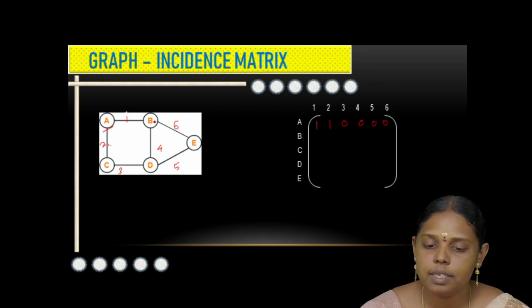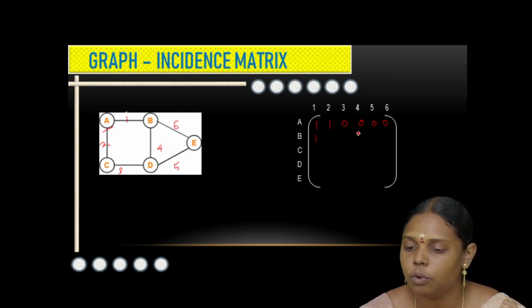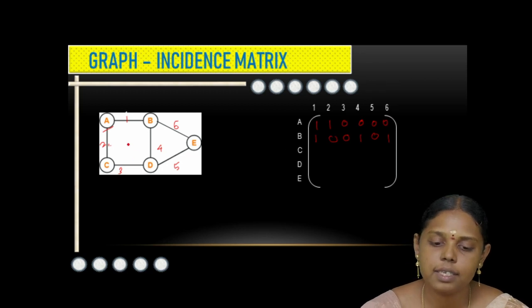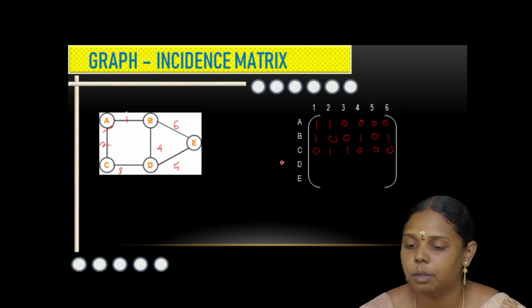Now B is incident with 3 edges 1, 4 and 6. So in the corresponding columns 1, 4 and 6 only we need to put 1, and all the remaining entries will be 0. For the vertex C, it is incident with the edges 2 and 3. So in the corresponding columns we need to put 1, and the remaining entries will be 0.